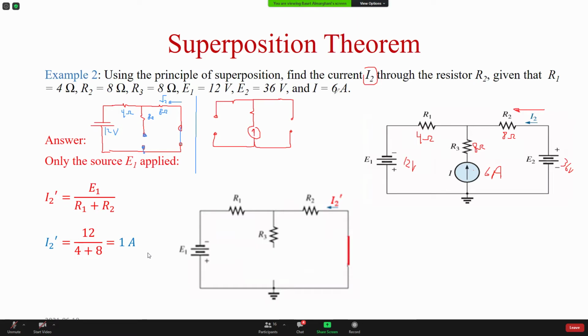This source was a voltage source, so we replaced it with a short circuit. This is 6 ampere, 12 ohm, 12 ohm, 4 ohm. The current I2 is going this way.